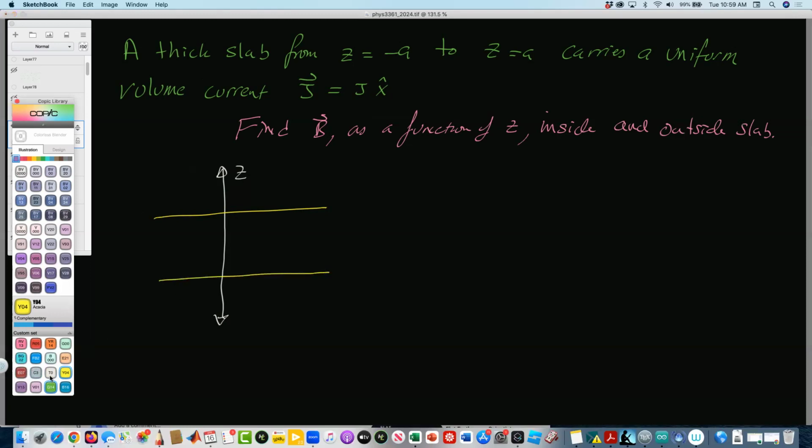Let the current come out at us in the x direction. The y axis will be here, with plus y and negative y this way. Does this make sense? And then the slab's got some sides to it.